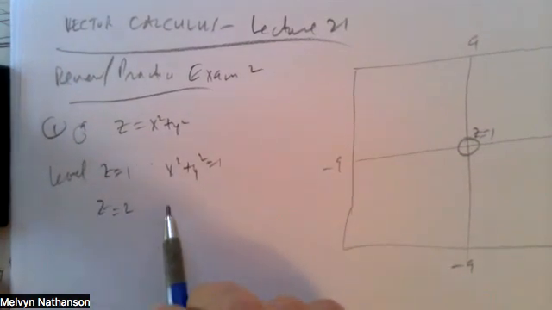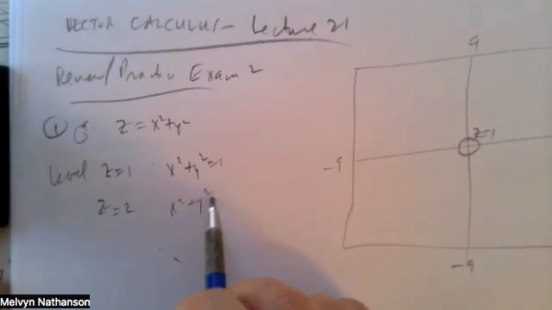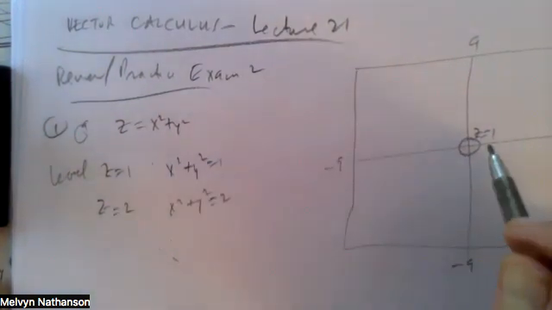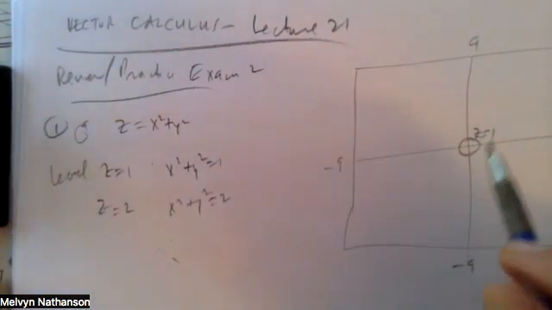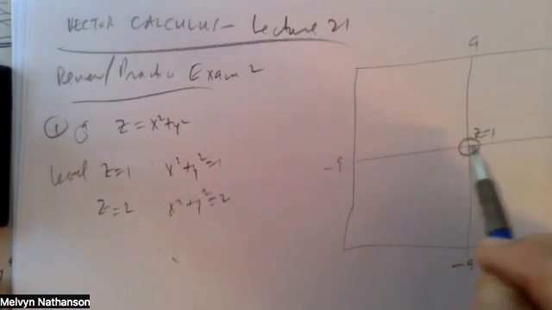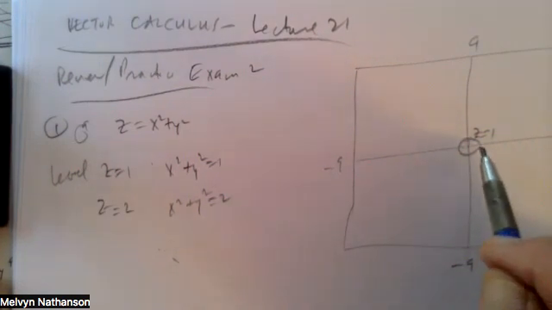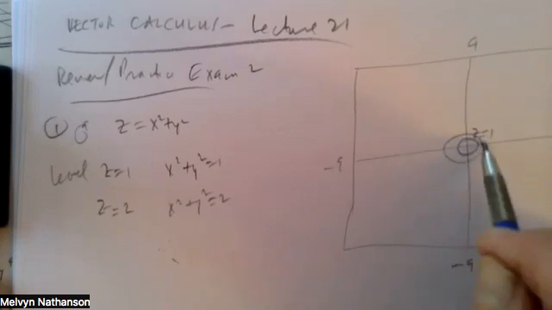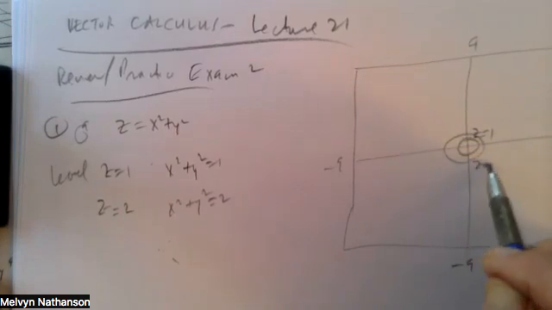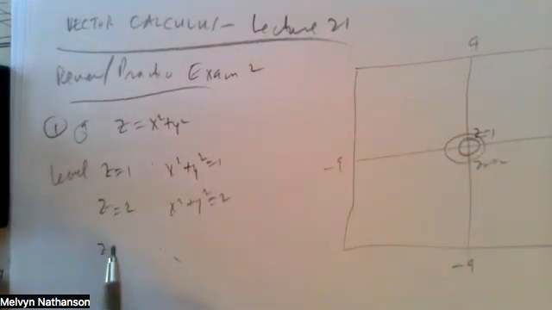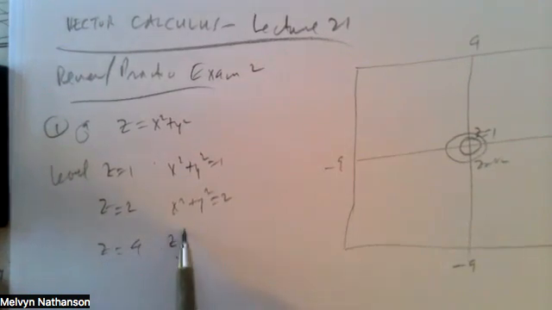The level curve z equals 2, x squared plus y squared equals 2. That's the circle of radius square root of 2. We take z equals 4.